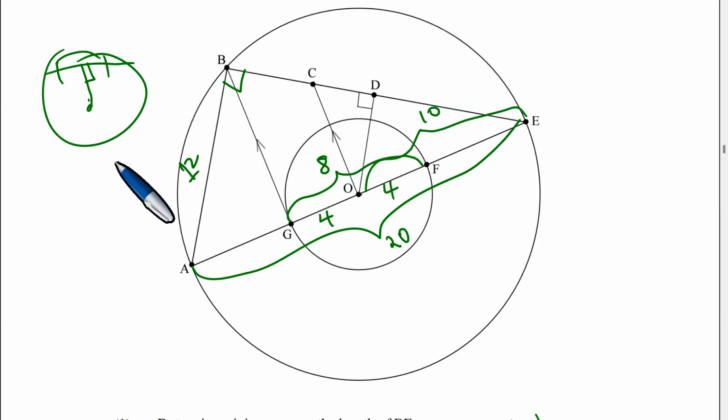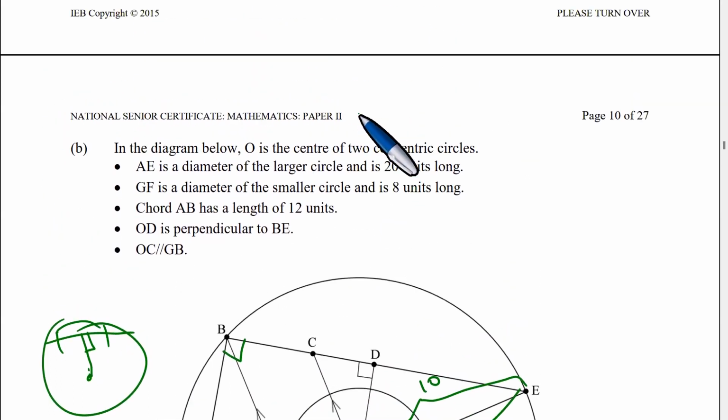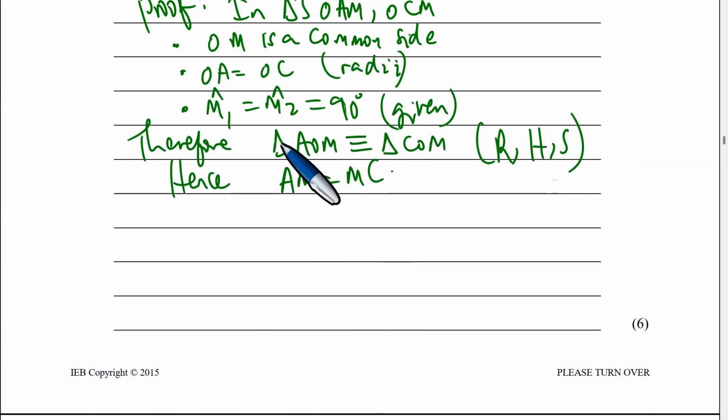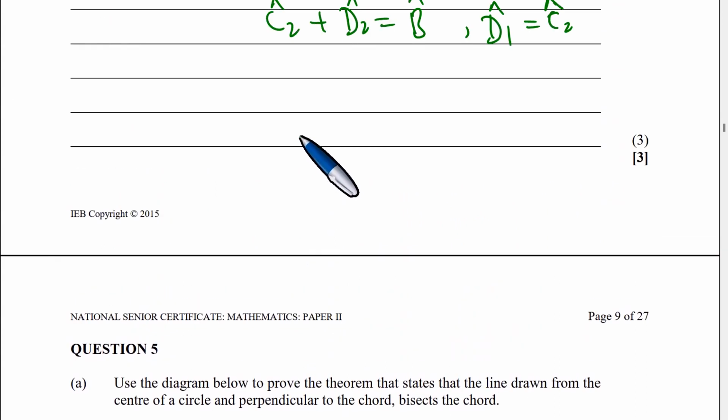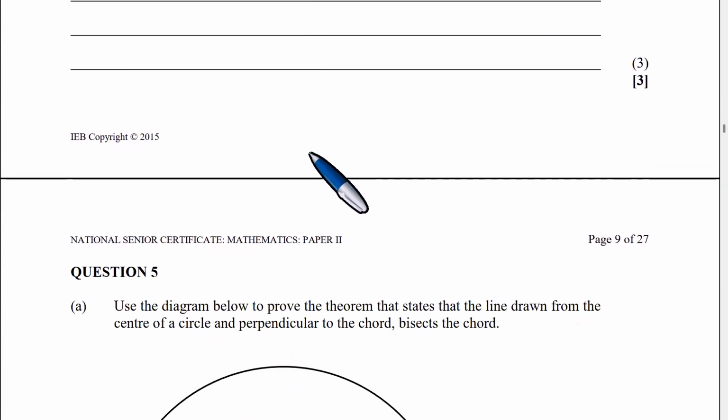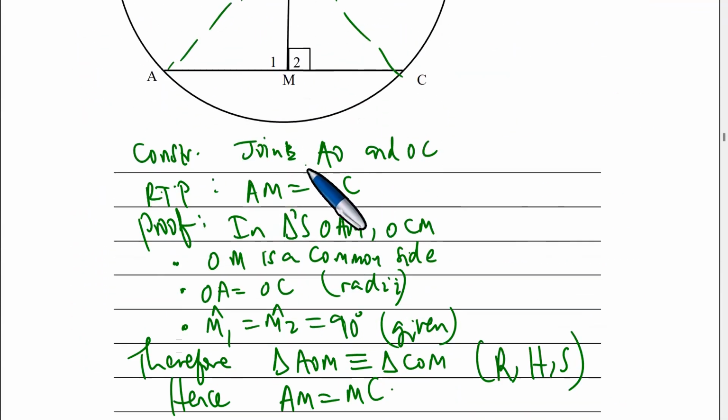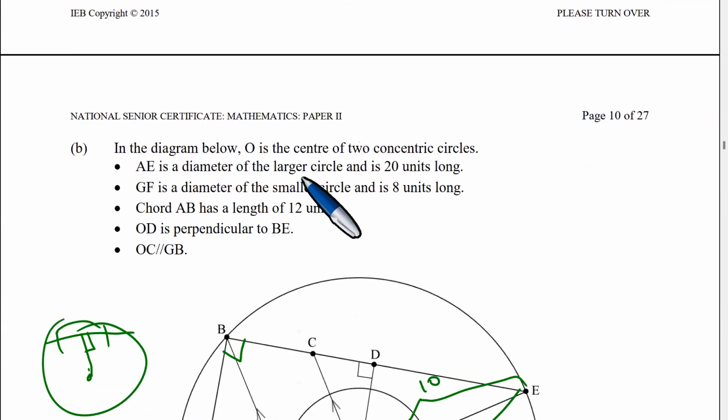We've just proven the theorem there. So at this point, because we found the whole of BE, what was BE? BE was exactly 16.